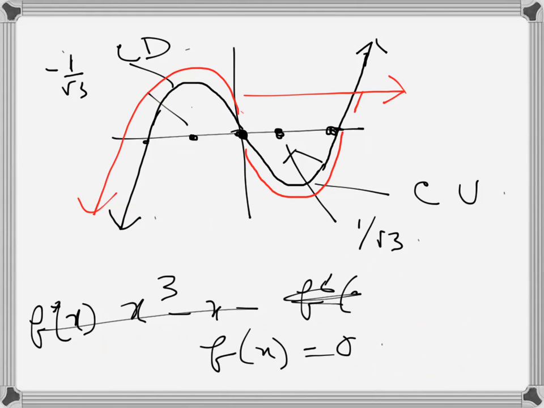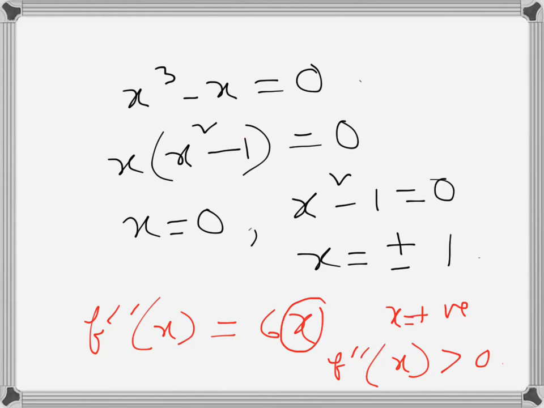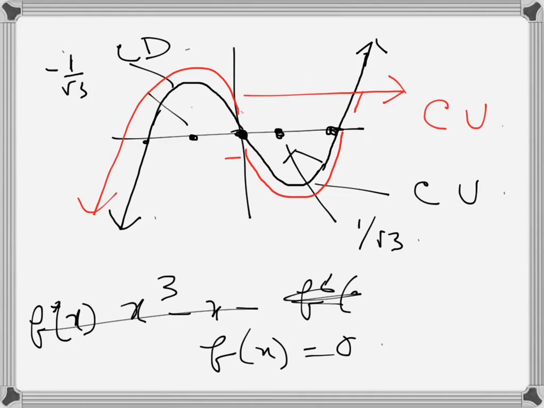So from origin to the right it is always concave up, and whenever x is negative, f double prime x will be negative. So at this side everywhere it is concave down.